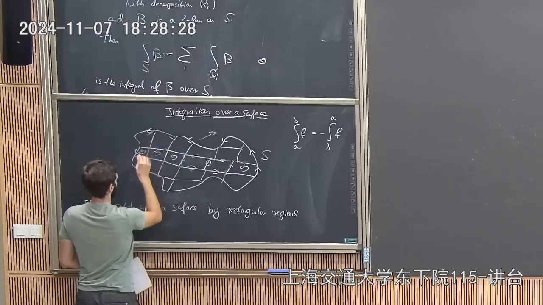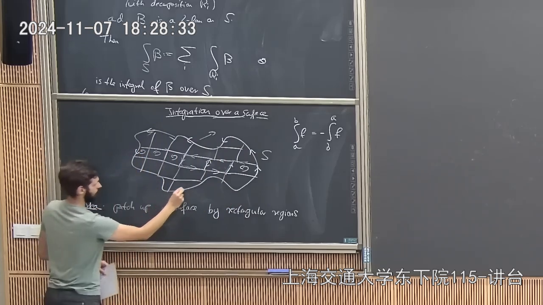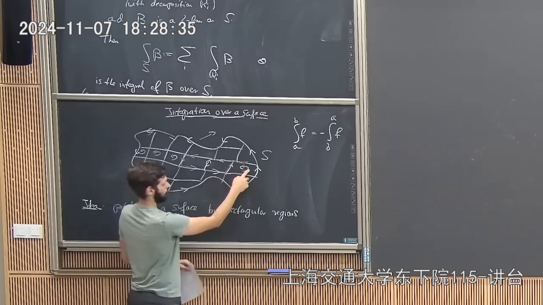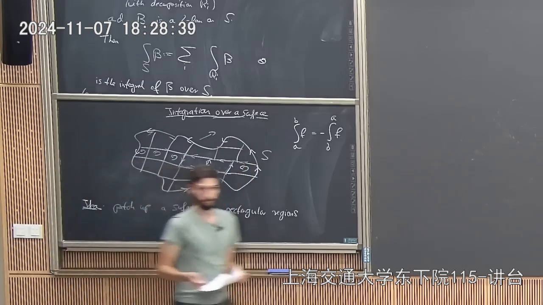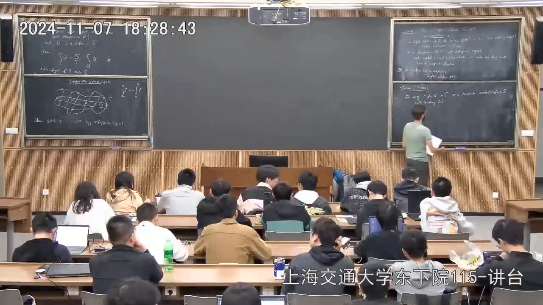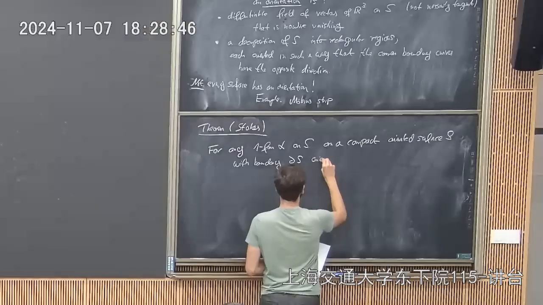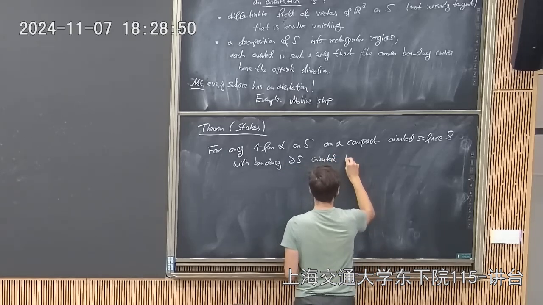So we see, for example, here we have some orientation and they are consistent. Once you fix one orientation of a rectangle, it gives you an orientation of the boundary term. So that's a surface with a boundary, oriented by the decomposition.